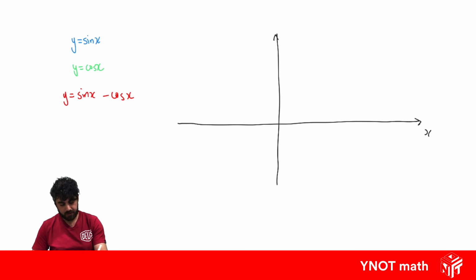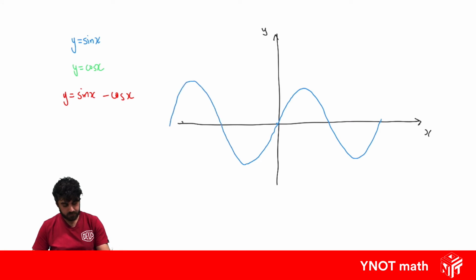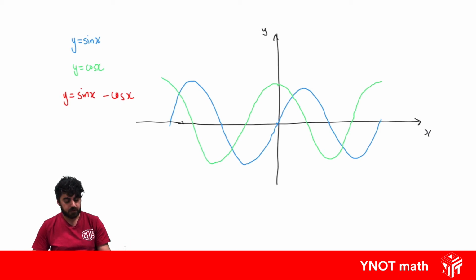So drawing our xy axis, we'll draw in sine x first. Now we'll draw in cos x. And we're going to look at the subtraction of sine x minus cos x.